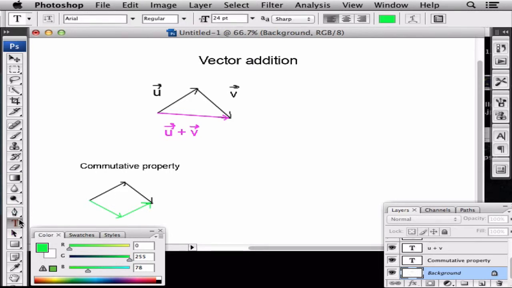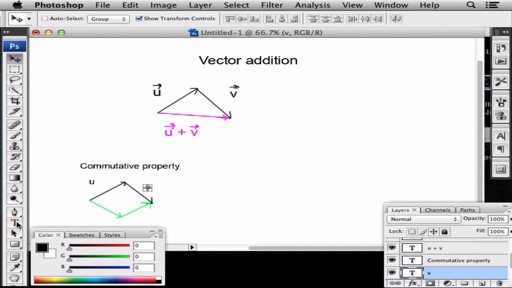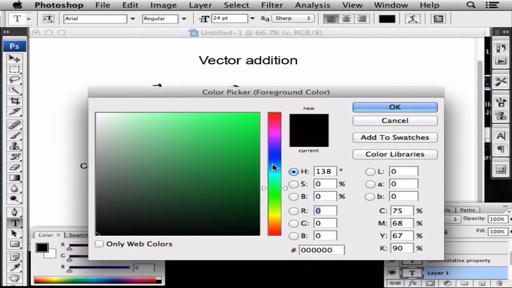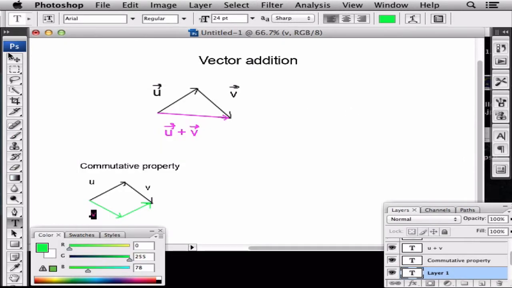And we get to the same place. That's the point. u plus v equals v plus u.